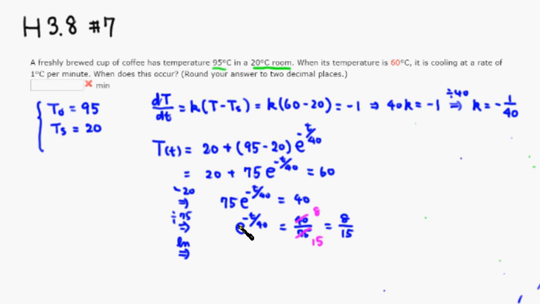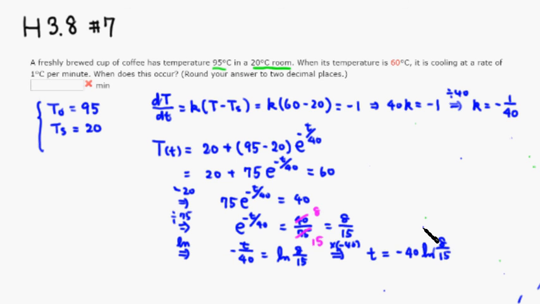The natural log and the exponential function cancel out, so you're going to have -t over 40 is equal to natural log of 8 over 15. Therefore we can find t by multiplying both sides by -40. That way we can isolate t, which is going to be -40 times natural log of 8 over 15.